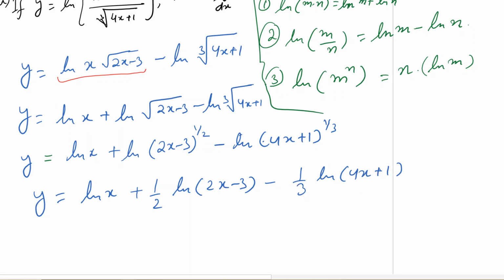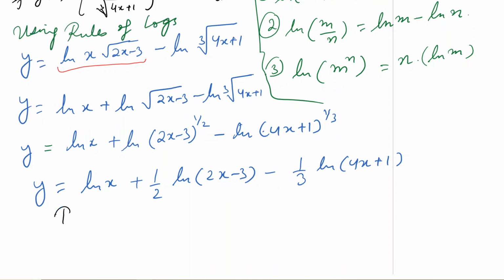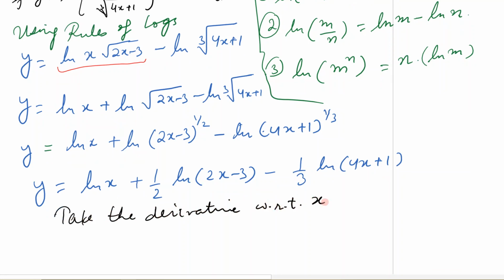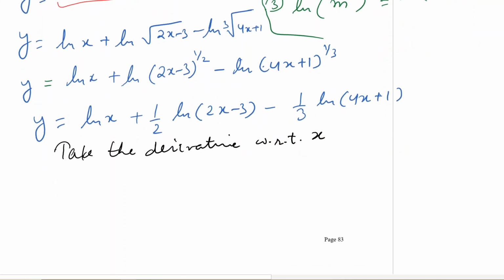So now is a good time to take the derivative. What we did so far is just algebraic manipulation, using the rules of logs. Now take the derivative on both sides with respect to x. The derivative of y is dy over dx, which is what we are trying to calculate.